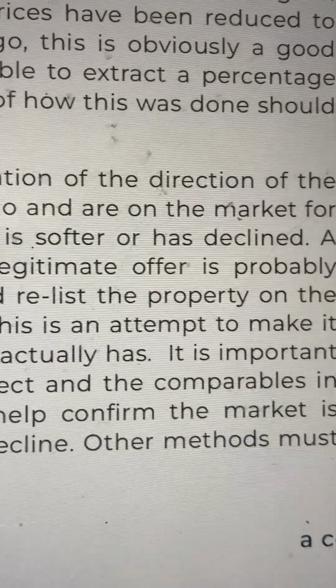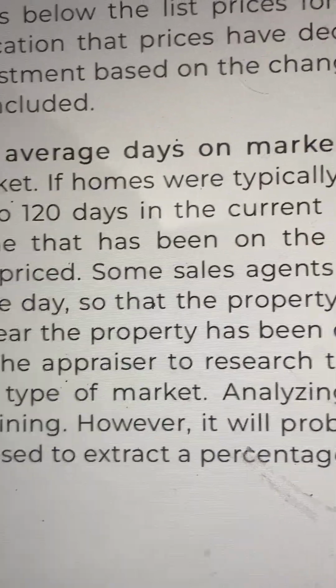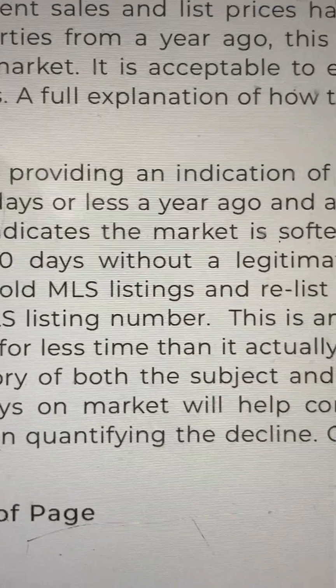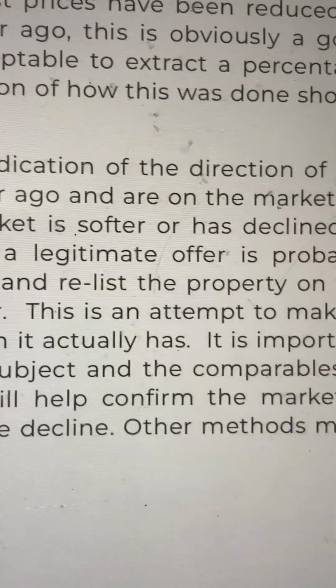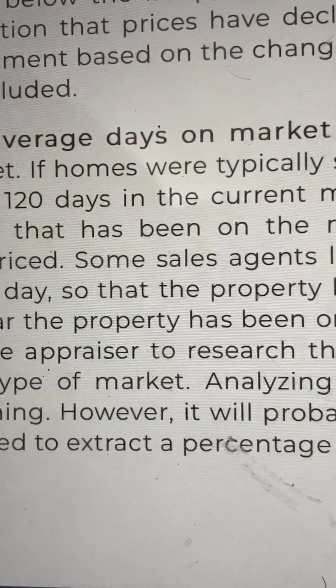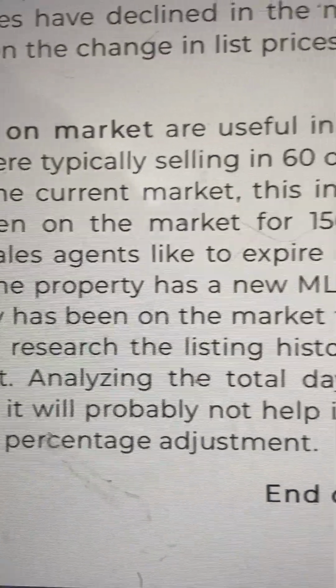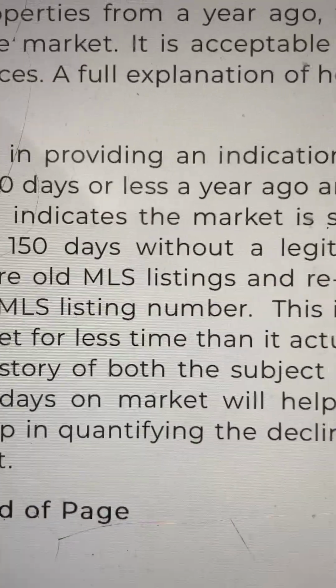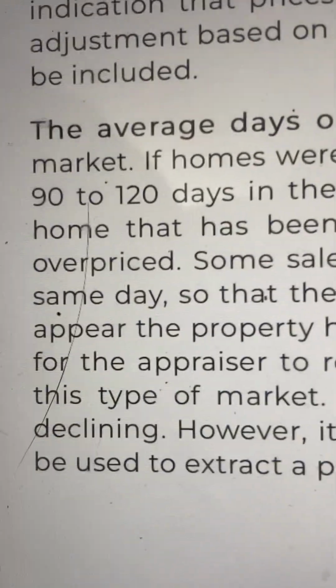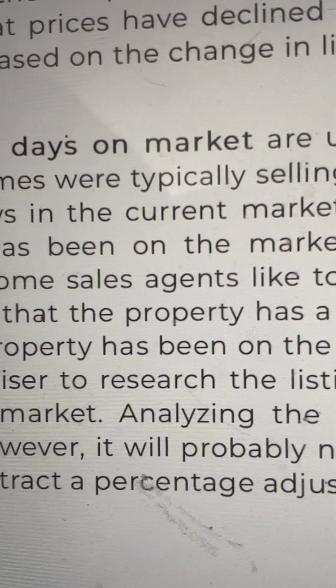This is an attempt to make it appear the property has been on the market for less time than it actually has. It is important for the appraiser to research the listing history of both the subject and the comparables in this type of market.